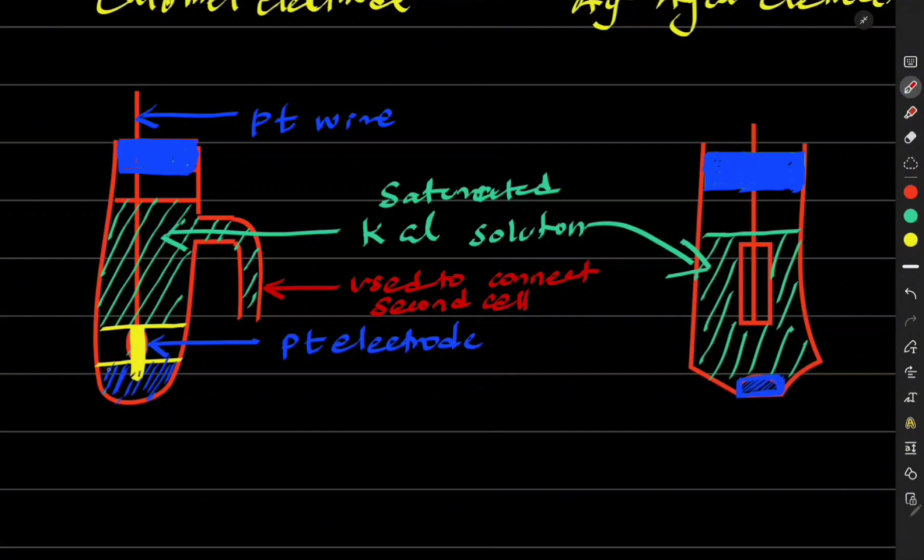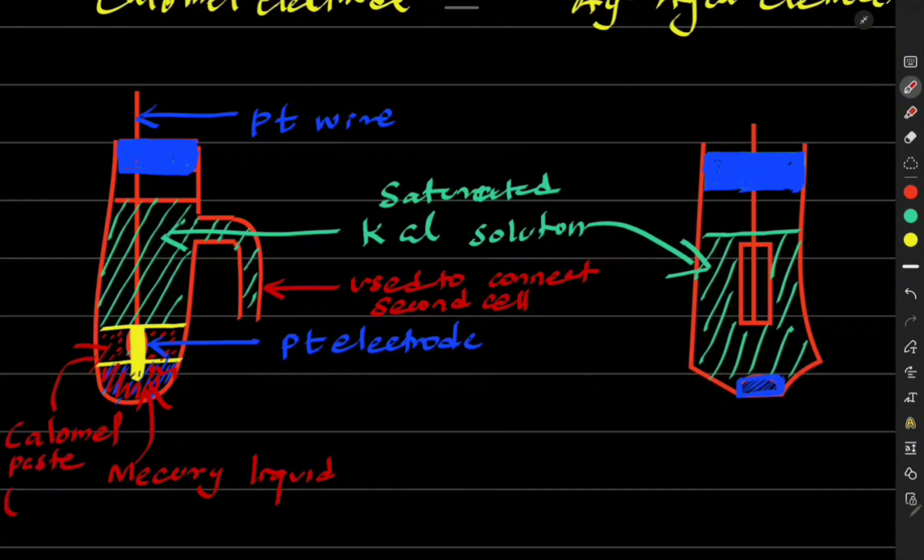And this blue color part is mercury liquid, Hg liquid. And this part with red dots present is called calomel paste.